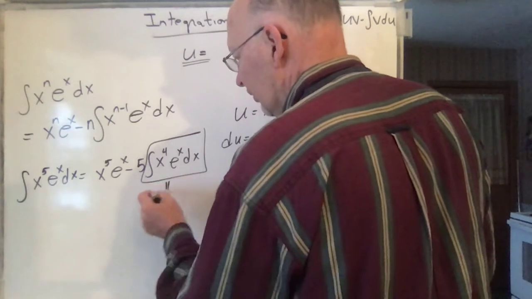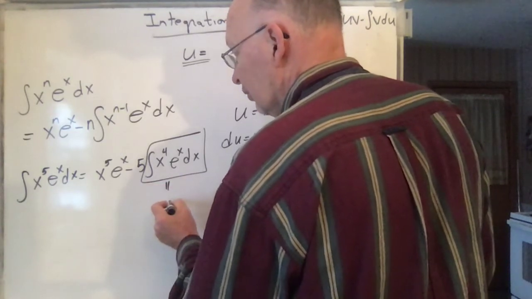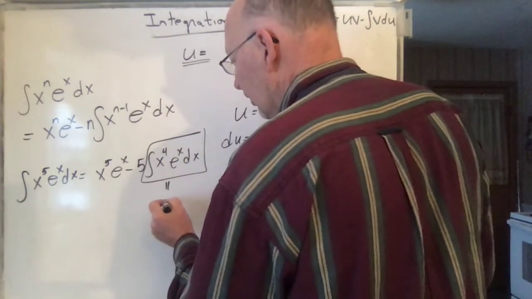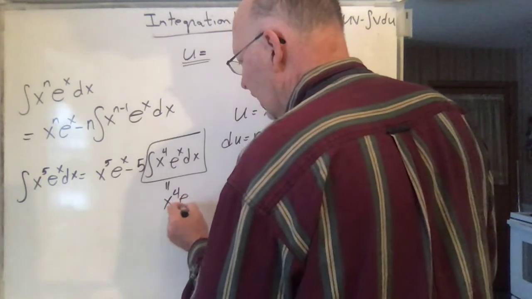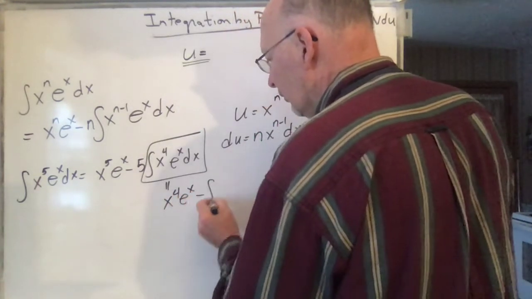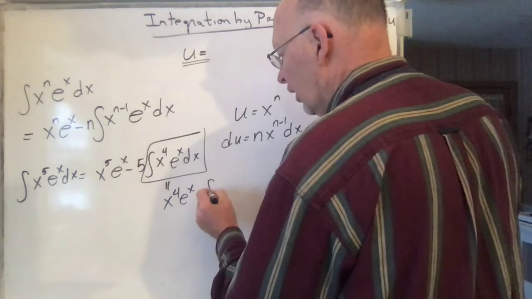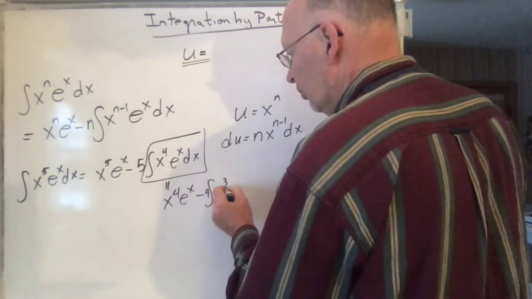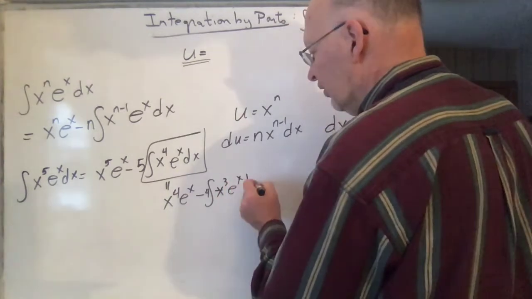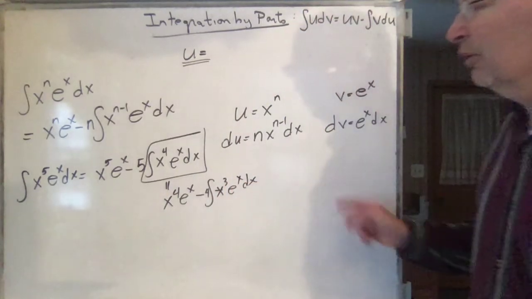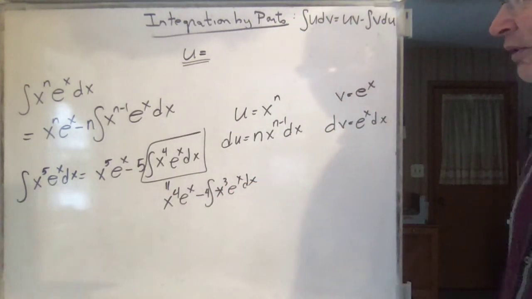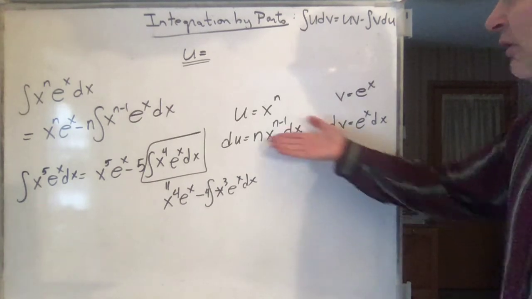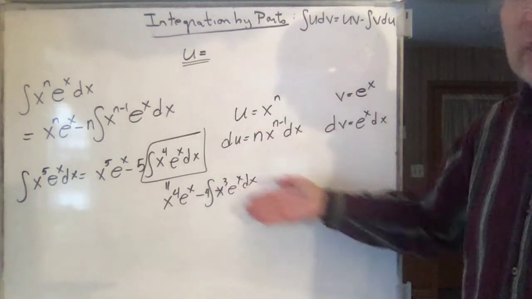I'll kind of abuse the notation here. The reduction formula says that's x to the 4th e to the x minus the integral of 4 times x cubed e to the x dx. So you can just keep doing it until you get down to our original one, and that's how you'd finish. You don't have to go through the process each time, you just use the formula.